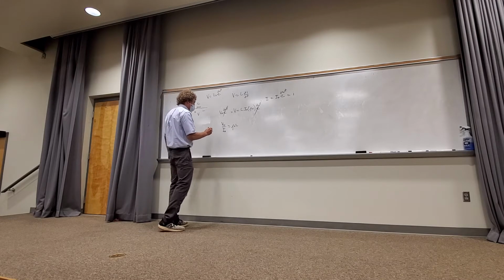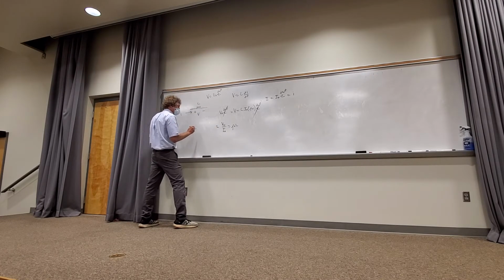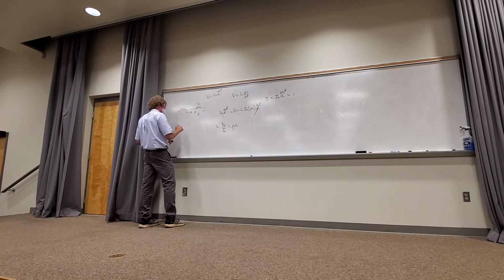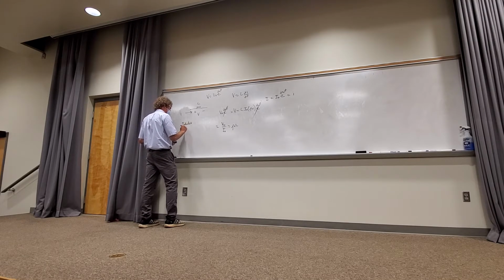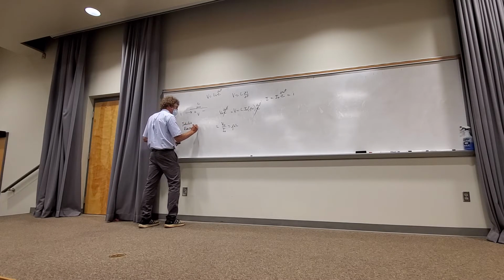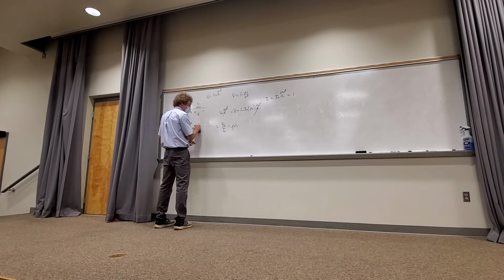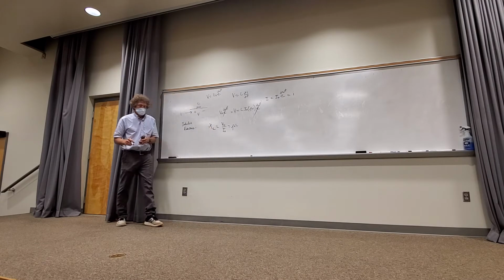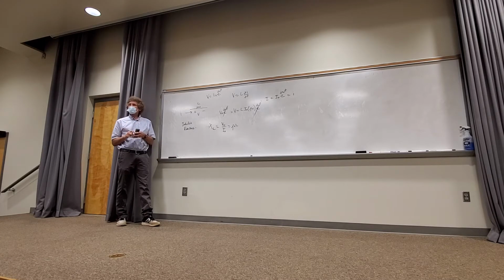Now, this is called the inductive reactance. And the symbol is usually X sub L. What I like to say, it is a complex resistance.